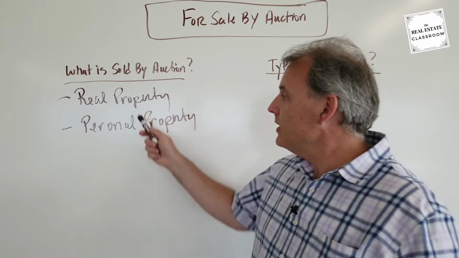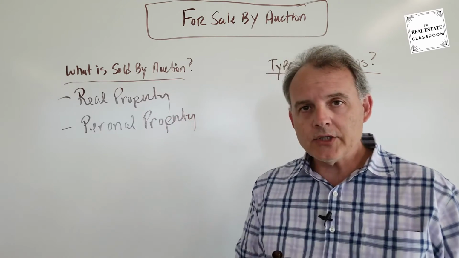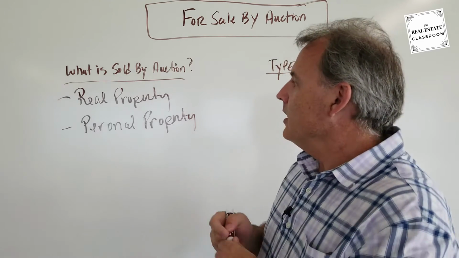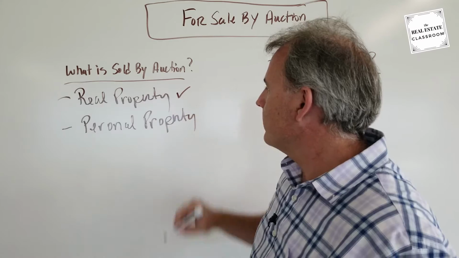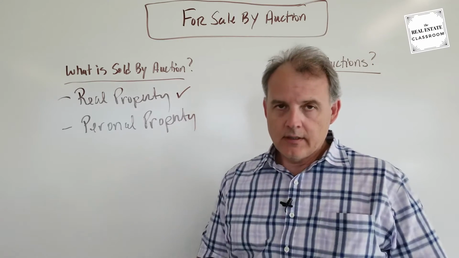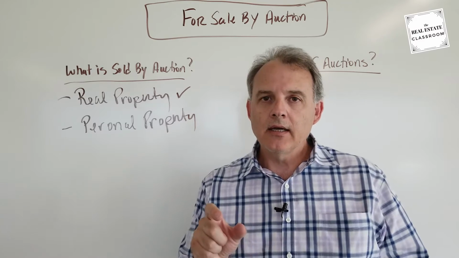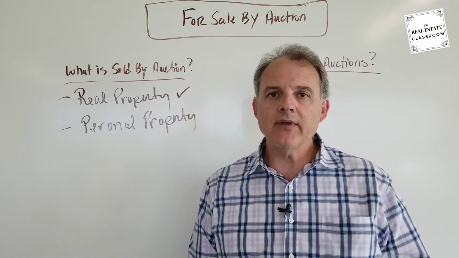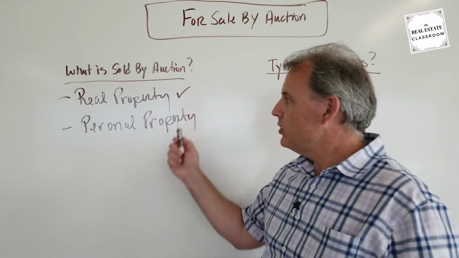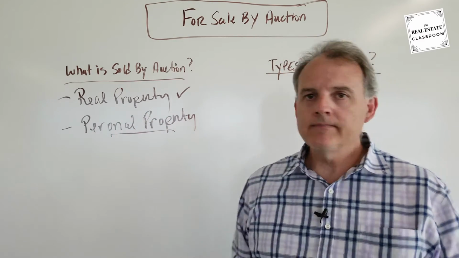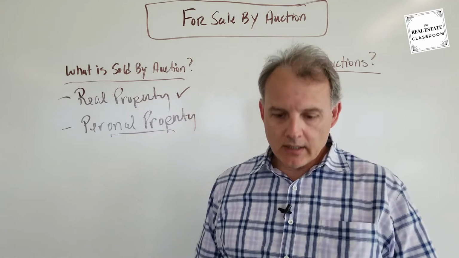All right, so both of these can be sold by auction, but there is one thing that you really need to know for your exam. If you're going to sell real property or real estate, and you're going to be an auctioneer, the auctioneer must be licensed, meaning they must have a real estate license to auction off real property. Personal property or chattel don't need to have a real estate license.